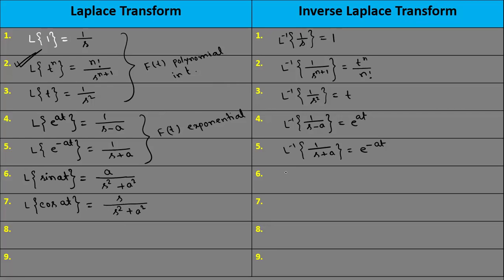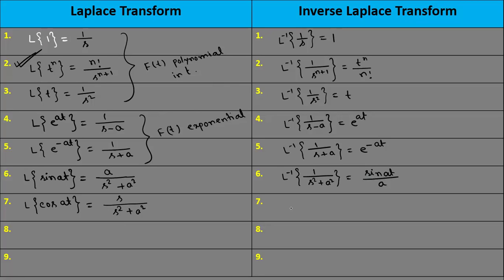Similarly, in formula number 6, if you apply Laplace inverse to both sides of the formulas, you will get Laplace inverse of 1 by s square plus a square equals sine at divided by a. Yes or no? If I apply Laplace inverse, this a will be outside of the operator, so I am dividing by a.